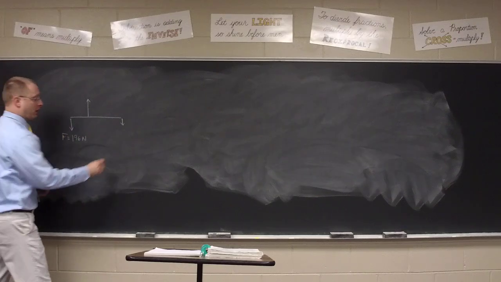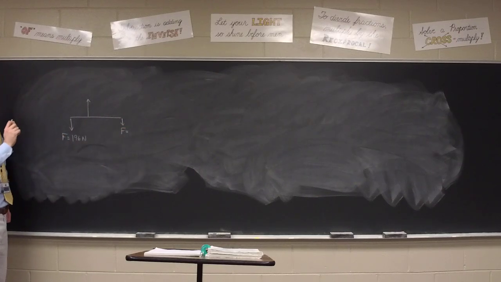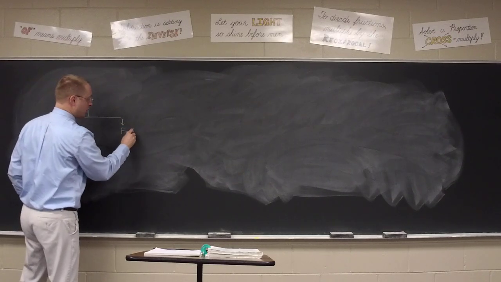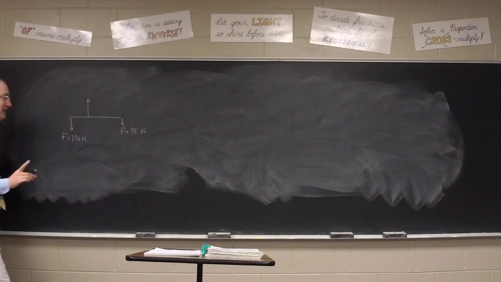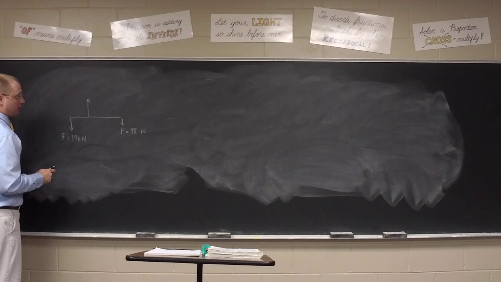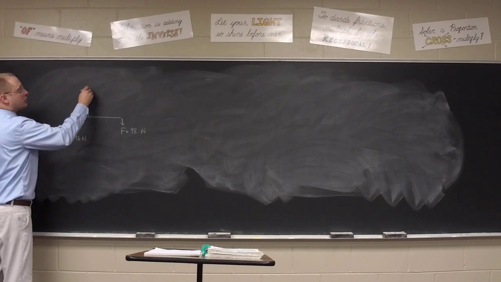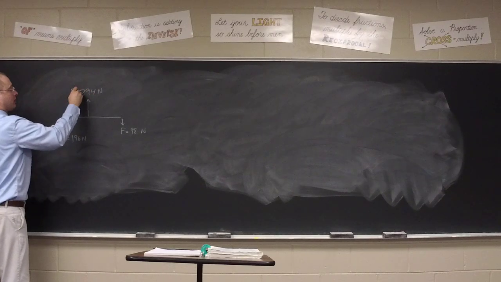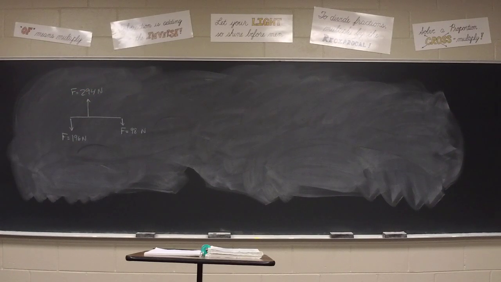On the other end of the bar, we have 98 newtons, 10 kilograms. Which means how much force has to lift up in order to suspend this bar? 294 newtons of force.